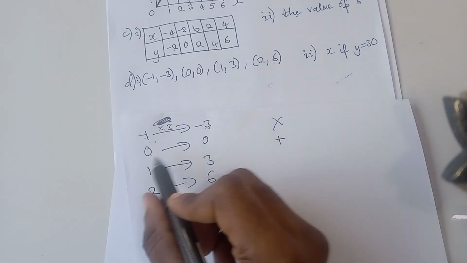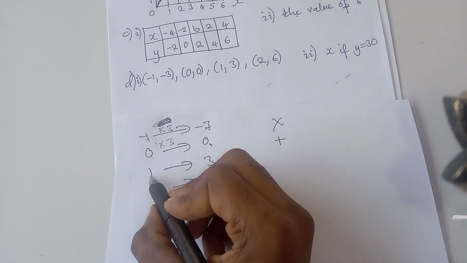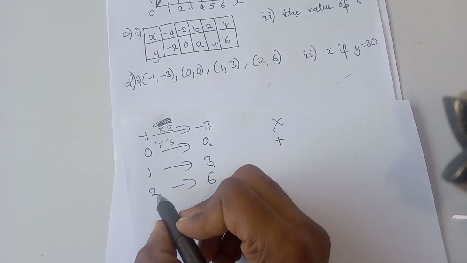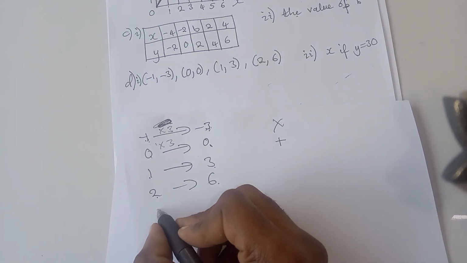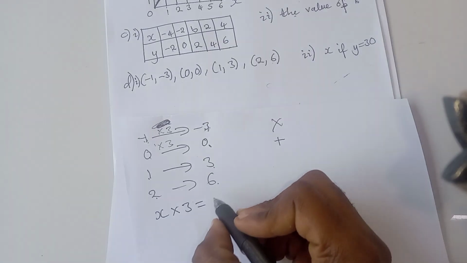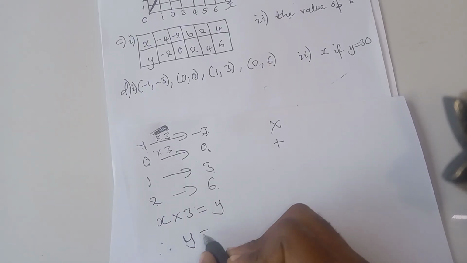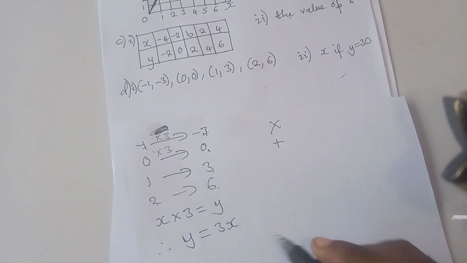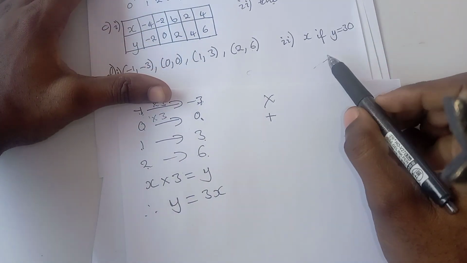We try to do the same thing here. 0 multiplied by 3, you have a 0. 1 multiplied by 3, you have a 3. 2 multiplied by 3, you have a 6. So that means x being multiplied by 3 is y. In other words, y is 3x. So this is our function.